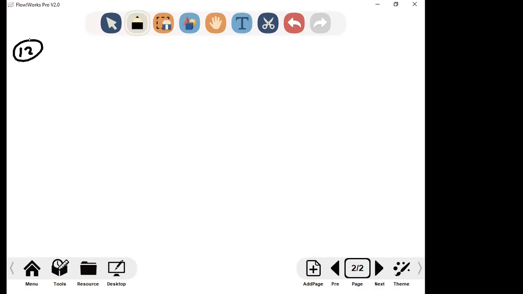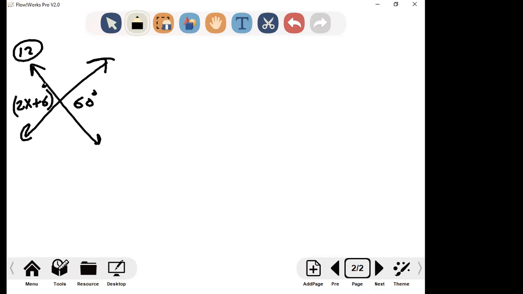We have this figure here, and we have 60 degrees, and we have 2x plus 6, right? Now the question said that a student was finding the value of x.